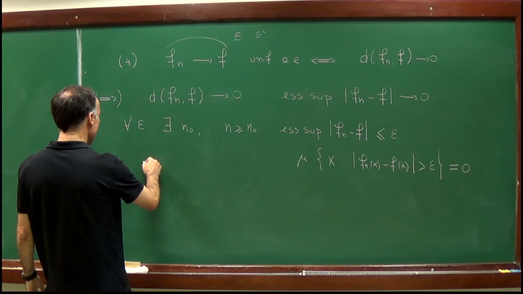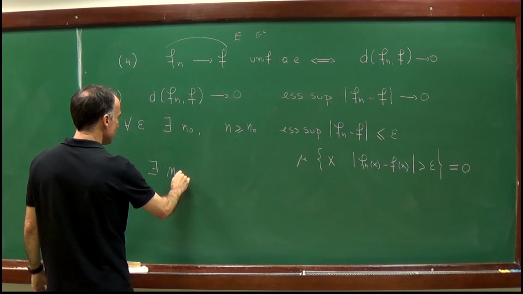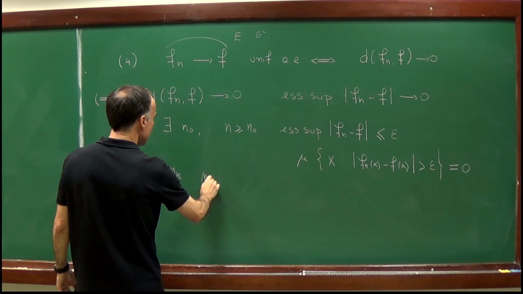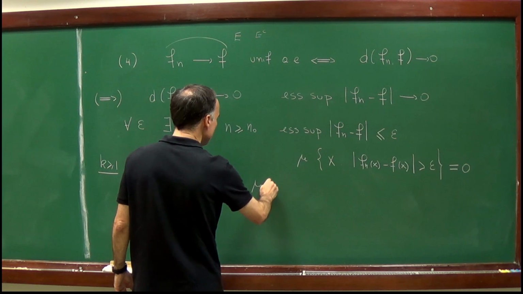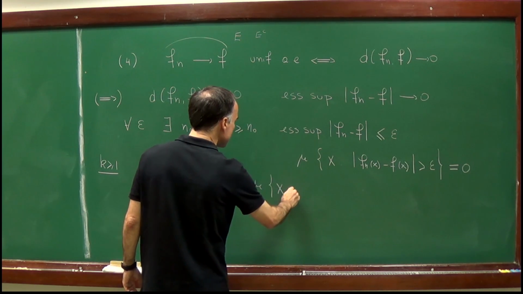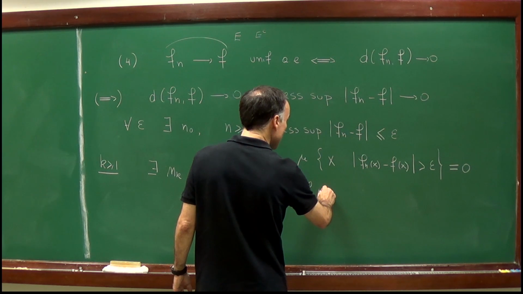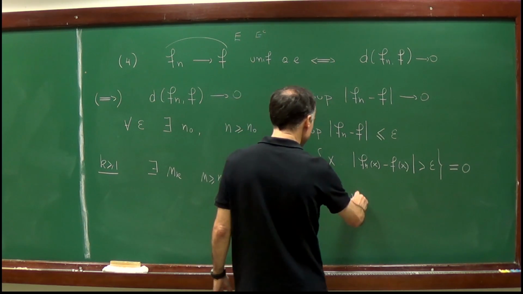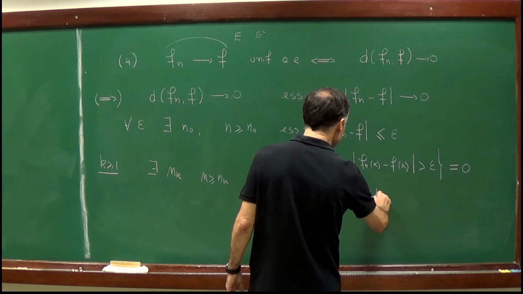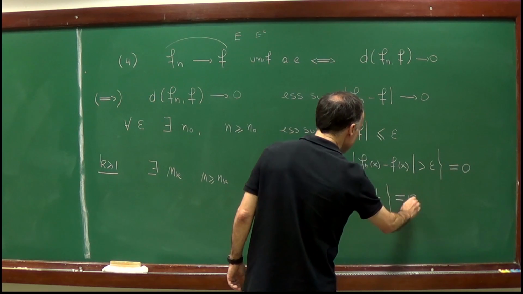So I know that there exists nk such that if n is larger than nk, then the measure of the points x such that Fn(x) minus f(x) is larger than 1 over 2k is equal to 0.